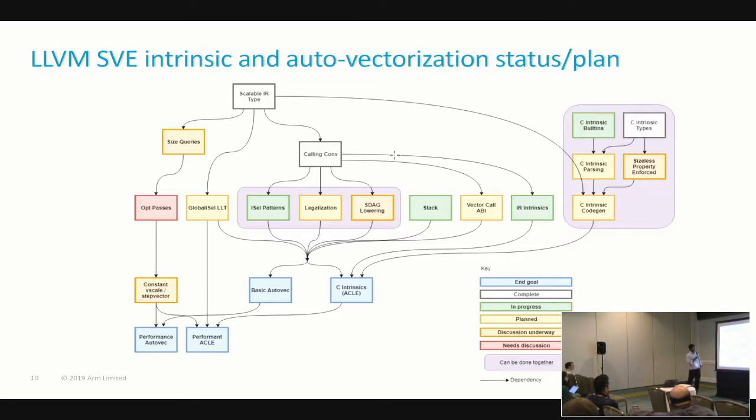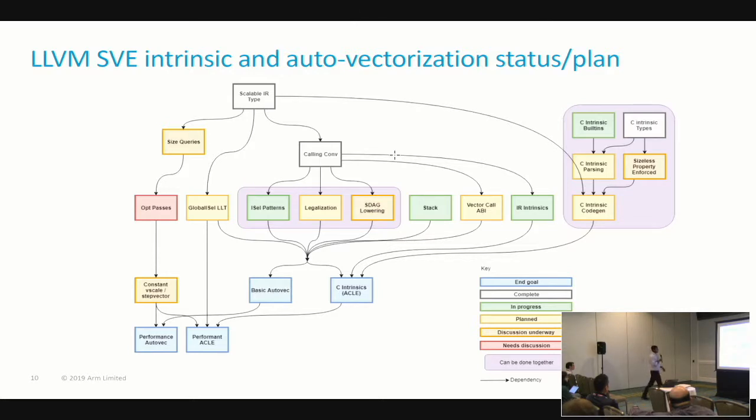The interesting bits are the discussion underway and needs discussion. So needs discussion means it'll take longer than what we would like. And discussion underway means we made some progress, and it's likely to finalize in a decision on how to move forward.